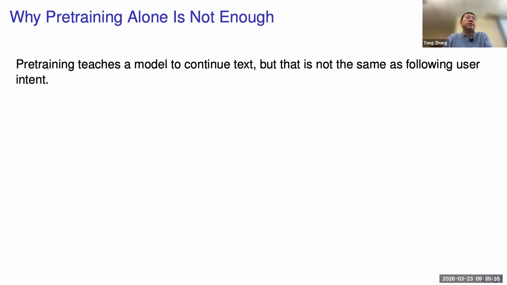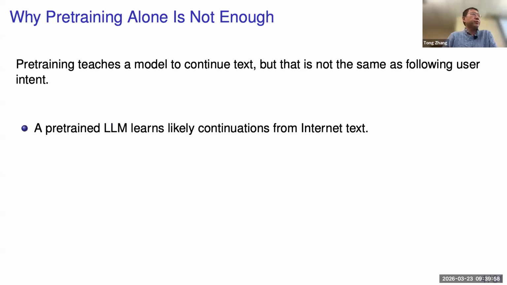It's mostly a lot of data from the internet, not in the style of question answering. It's just a continuation. They don't particularly know what the human wants. So that's why we need to do some post-training. But the text continuation ability is there already.